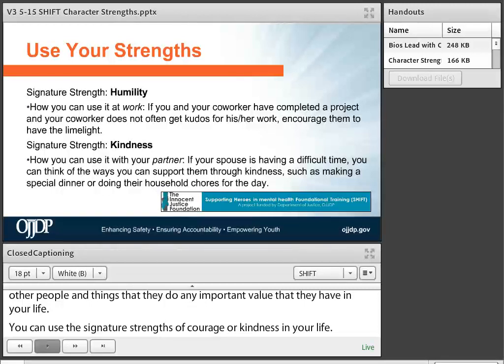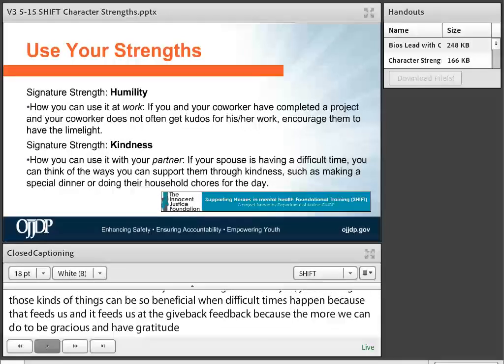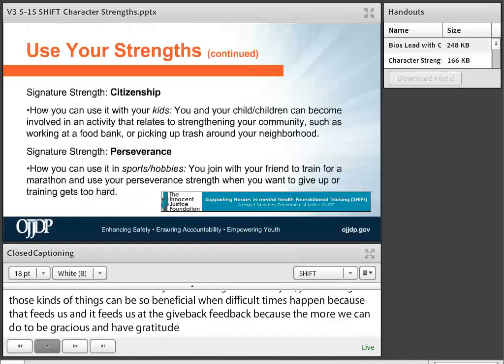Just hearing those kind of things can be so beneficial when difficult times happen, because that feeds us as the individual getting that positive feedback, and it feeds us as the individual giving that feedback, because the more we can do to be gracious and have gratitude for others and express kindness, all of increasing those positive strengths is going to increase our well-being. Nothing feels better than to be able to give somebody something positive and get a smile back.